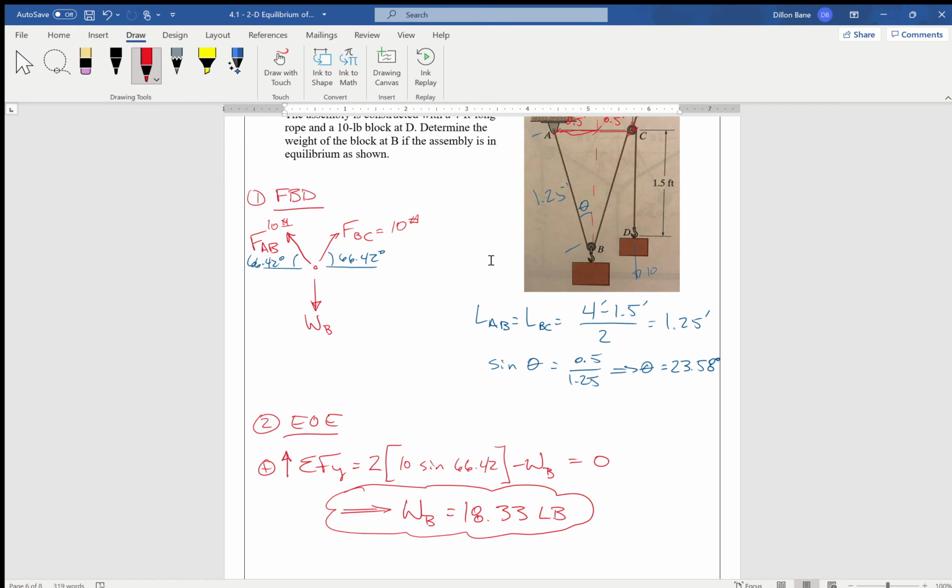After that, we will be moving on to 2D equilibrium of a rigid body, which is pretty much the same thing as this, but instead of it just being a point, we're going to be looking at any kind of rigid body, whether it's a beam or a column or a truss or whatever. But that will be after our 3D equilibrium of a point. So this will conclude our video on 2D equilibrium of a point.